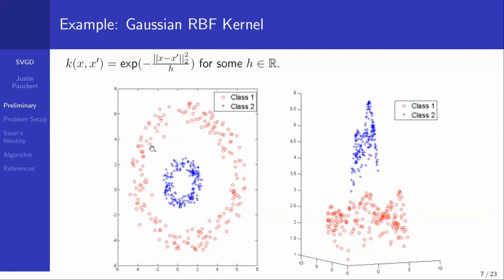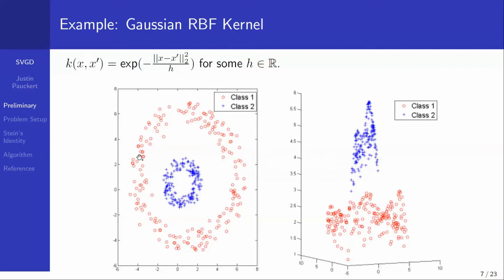And what we're doing is applying a kernel function, the Gaussian RBF kernel, which you can see right here. RBF stands for radial basis function, which basically just says that it's dependent only on the norm of the points that we plug in.